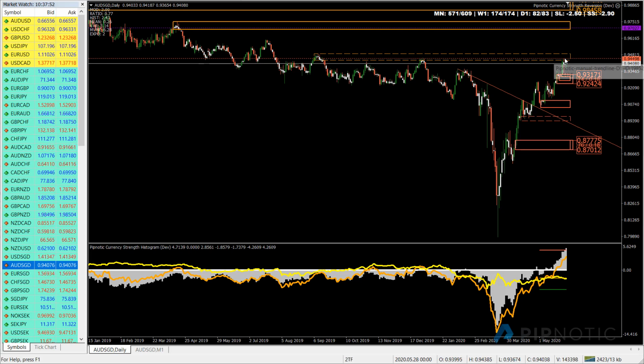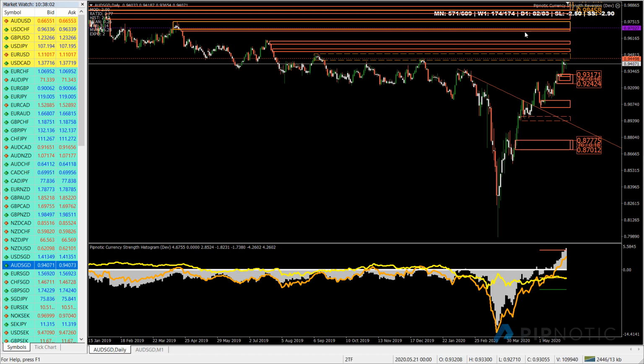You see, price poked into it, so we'll have to wait and see what happens if price manages to move through this. If it doesn't, maybe we'll come down to this area of demand and have another go, or maybe we will push through it and then come down to the area that was able to consume it. We'll have to wait and see. We do have a couple of interesting areas.